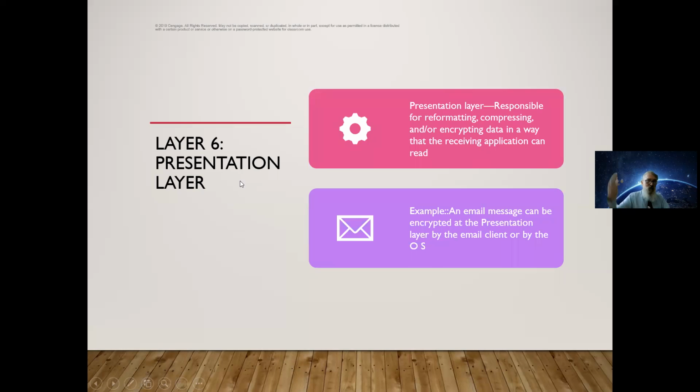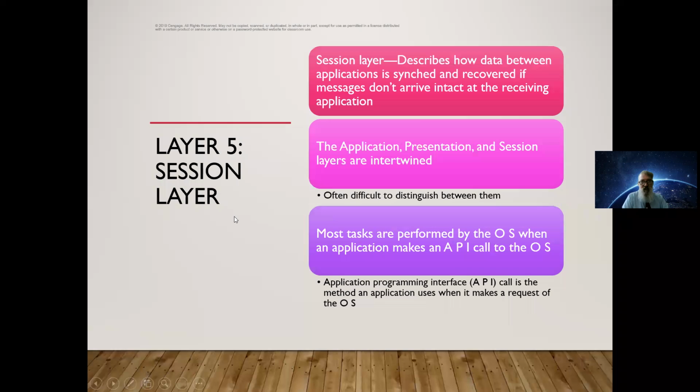Now, layer 6, we still haven't got to that yet. Layer 6 is just your presentation, you know, how are we going to show this from this screen to that screen. And as it says there, if you're going to do any reformatting or compressing, this is your layer 6. Sorry, I skipped ahead there, didn't I? But layer 6 is before we get to the transport layer going down, because the transport layer is layer 4. So layer 6 and layer 5, we're taking that email and presenting it in a way, we're not looking at any addressing information there yet.